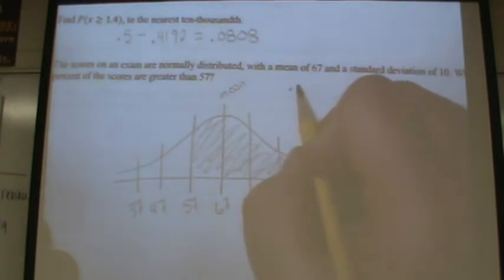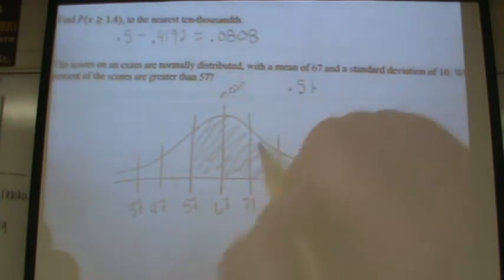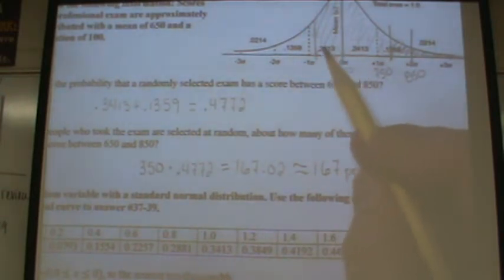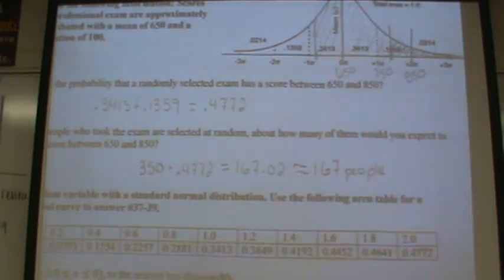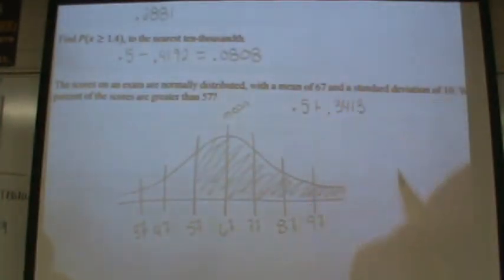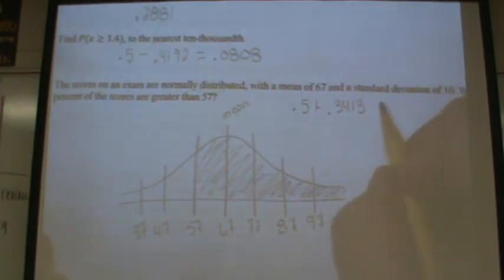So that's going to be our 0.5 plus, on our graph, that one whole deviation is that 0.3413. So we're going to add 0.3413. When we add that, we're going to get 0.8413.